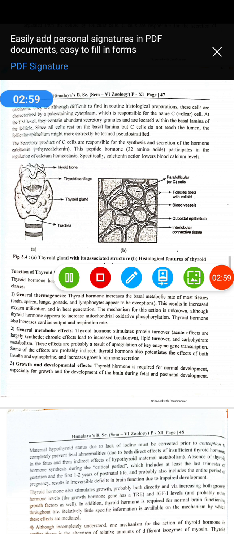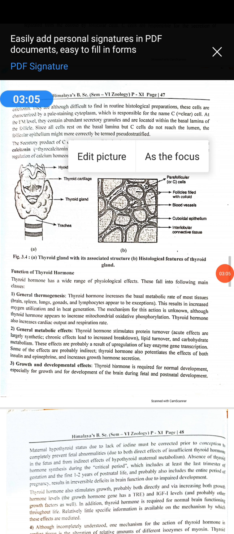One molecule of iodine combined with tyrosine forms monoiodotyrosine. Two molecules of iodine combined with tyrosine form diiodotyrosine. In the same way, there are triiodo and tetraiodo forms, that is T3 and T4.